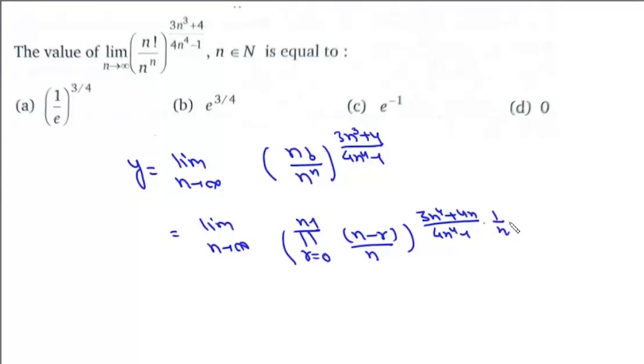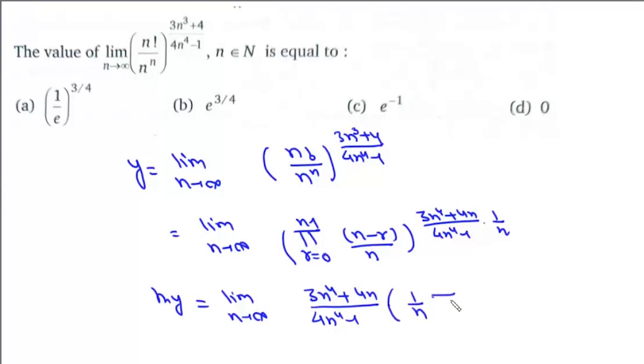Now we'll take log both sides. So log y is equal to the limit as n tends to infinity of (3n^4 + 4n) upon (4n^4 minus 1), into 1 by n, the summation of log(1 minus r by n), where r varies from 0 to n minus 1.